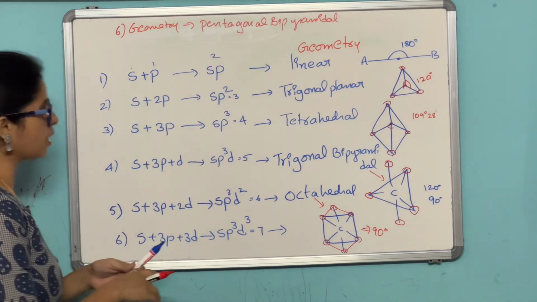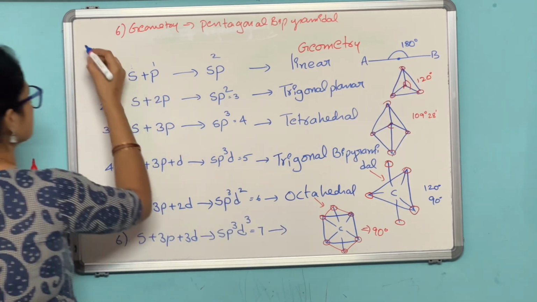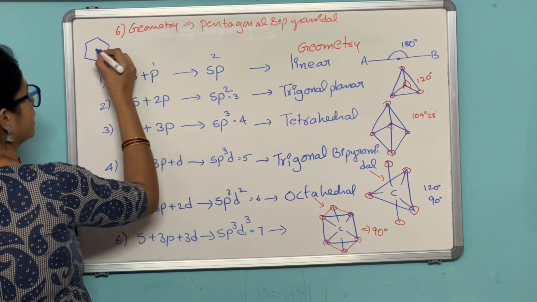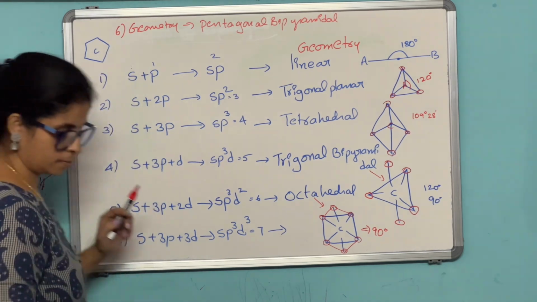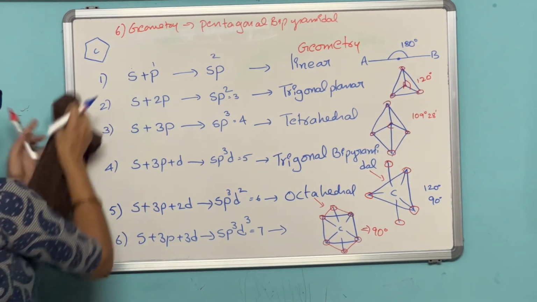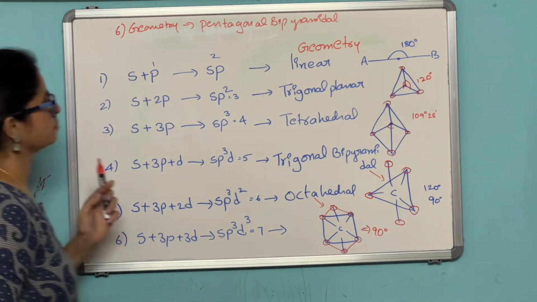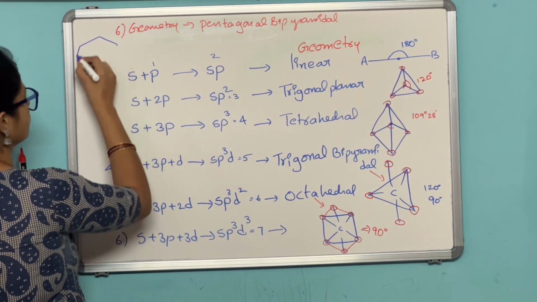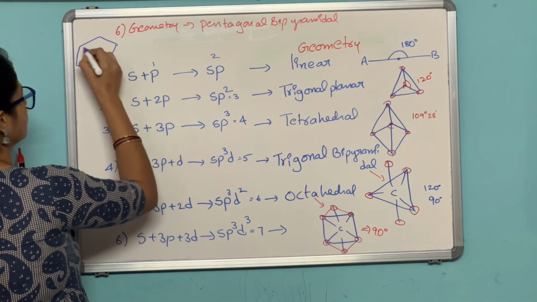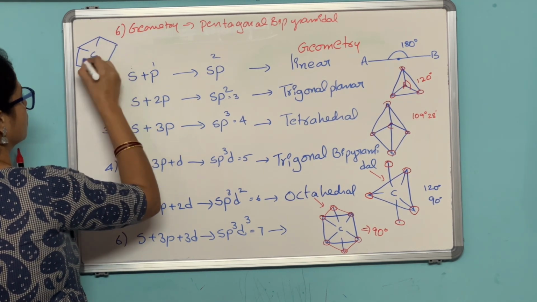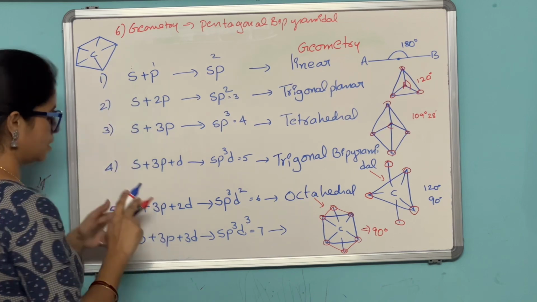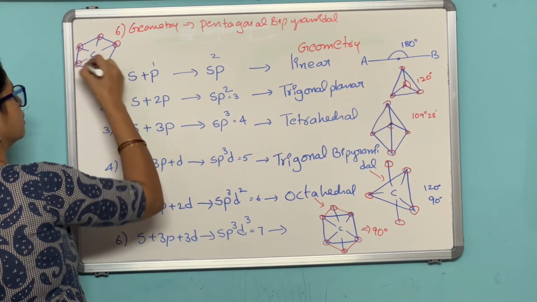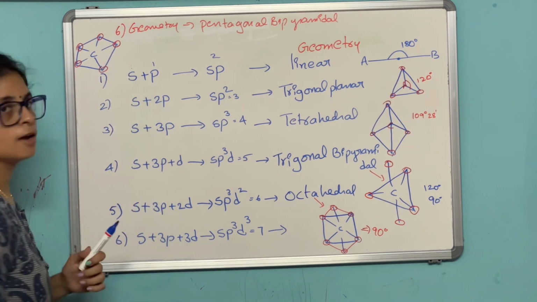So pentagonal bipyramidal means how does it look? First you write the pentagon. Here is the central atom, and five atoms at the five corners of the pentagon.